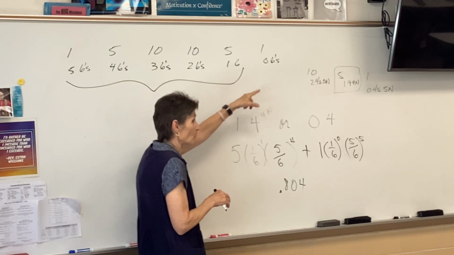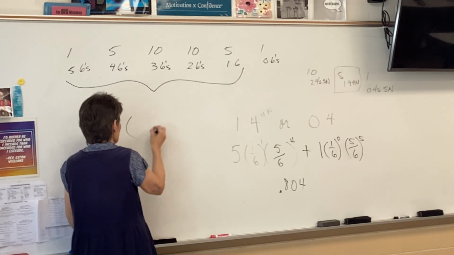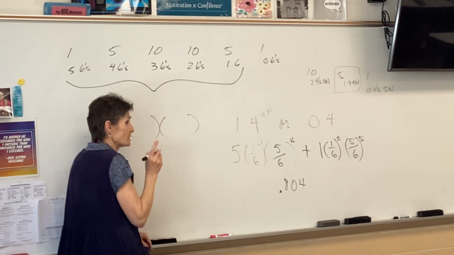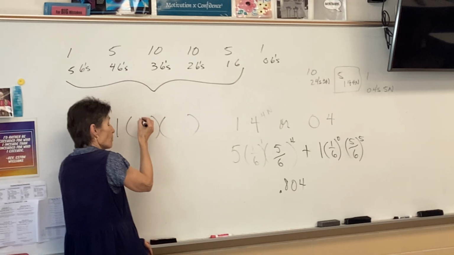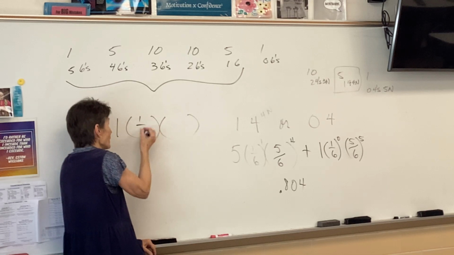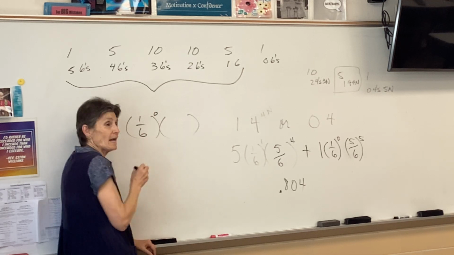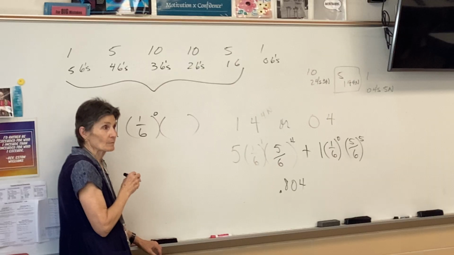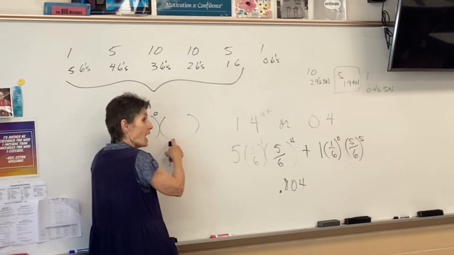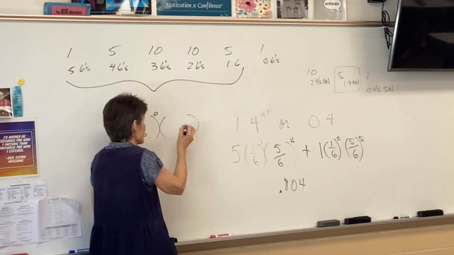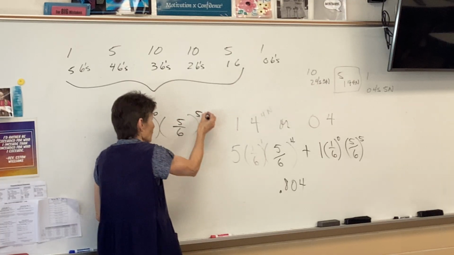So let's find that one. That's the probability of no 6s. The probability of a 6 is 1/6, and I don't want any of those. The probability of not a 6 is 5/6, and I want 5 of those.